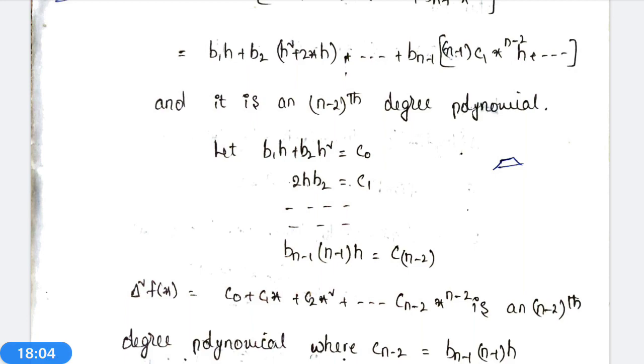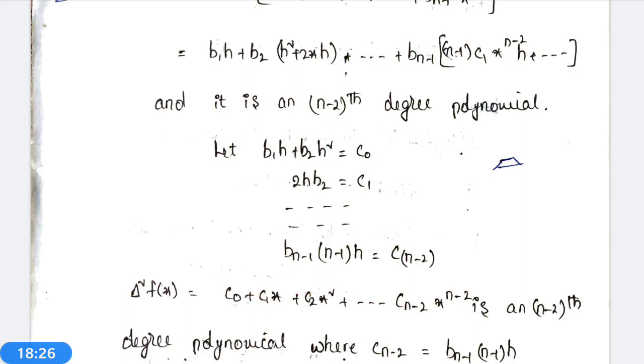This means from the first operation, second operation, applying delta on nth degree will give n minus 1th degree polynomial. Applying delta on n minus 1th degree, it will give n minus 2 degree polynomial.